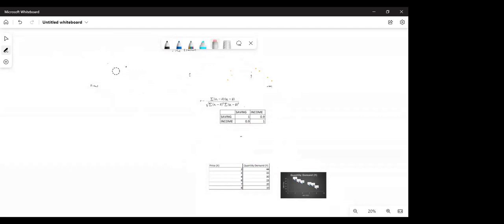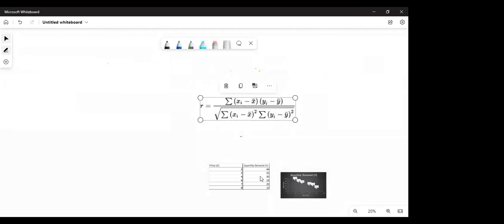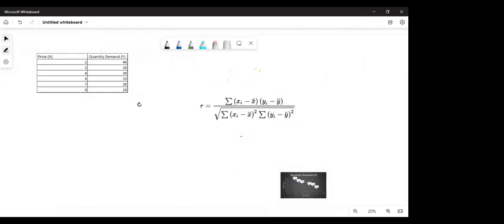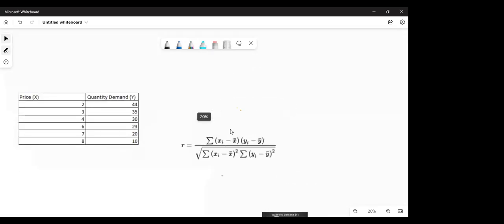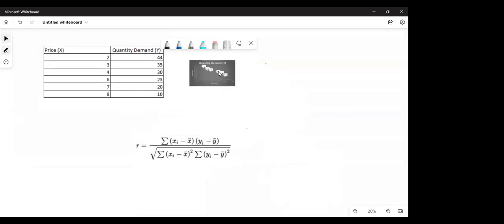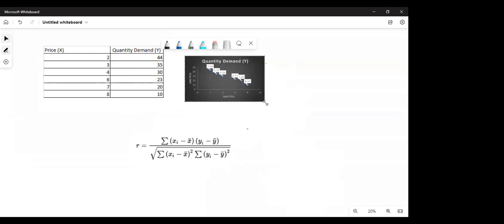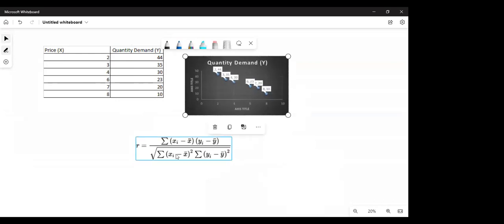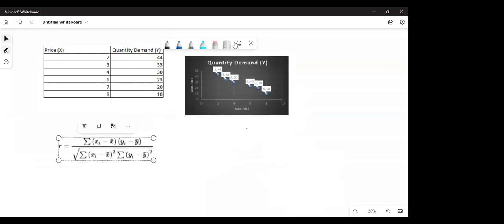One second, let me give you the formulas. Meanwhile, compute mean of X, mean of Y.